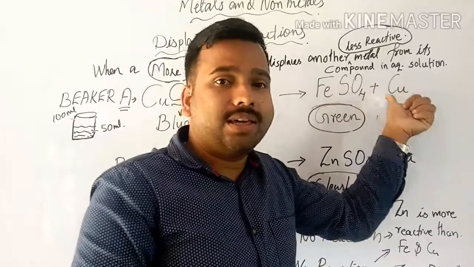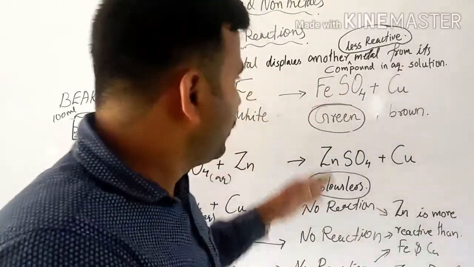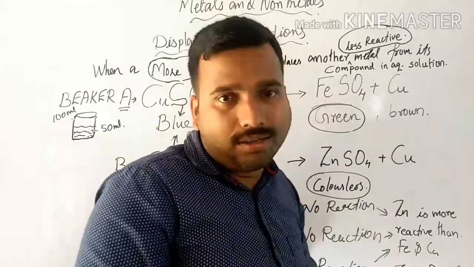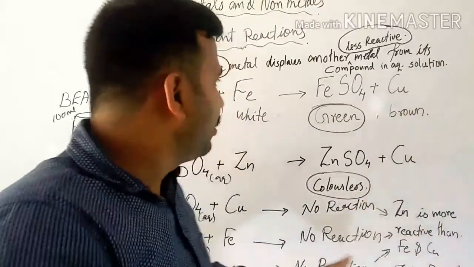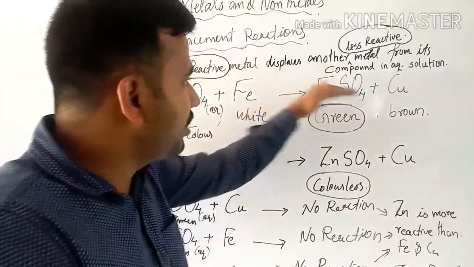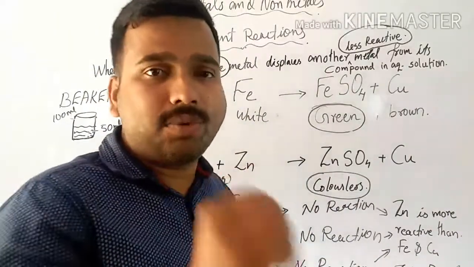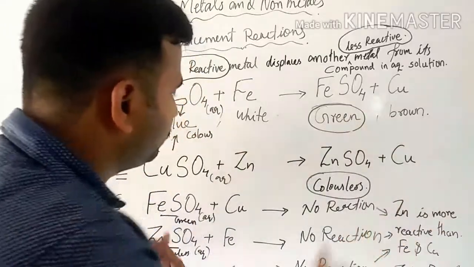FeSO4 is a new compound, and its color is green. The displaced copper gets deposited over the iron. This is what happens during a displacement reaction, and that's why this reaction is known as displacement.